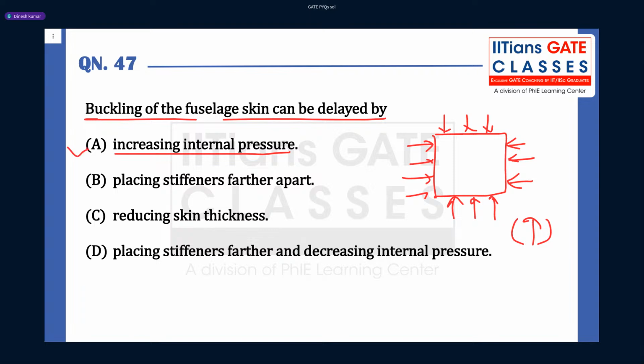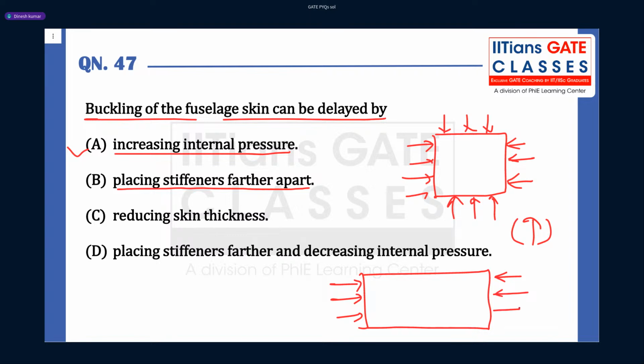Now look, option B, placing stiffeners far apart. So that will do what? It will increase the panel length. So when panel length is increased, your buckling strength will go down. That means buckling will occur early. It will not be delayed. So B can't be the correct answer.